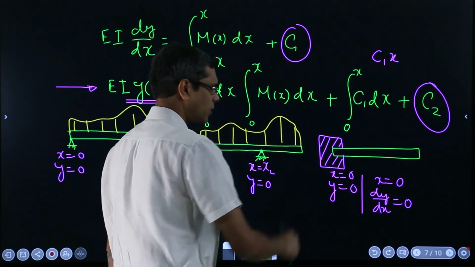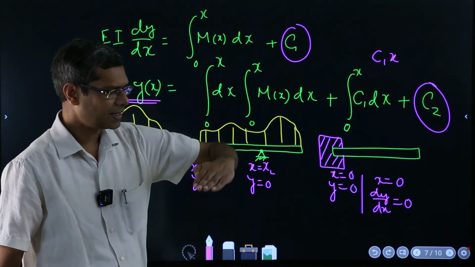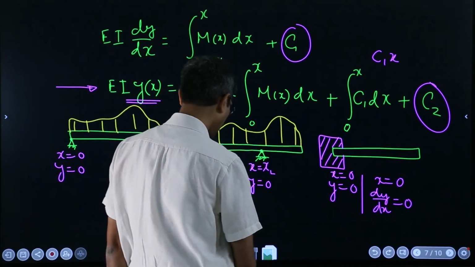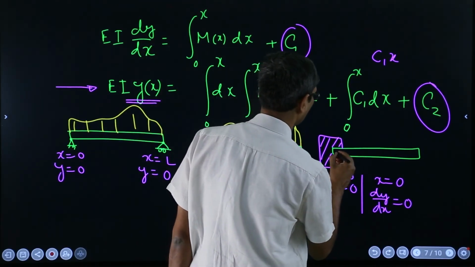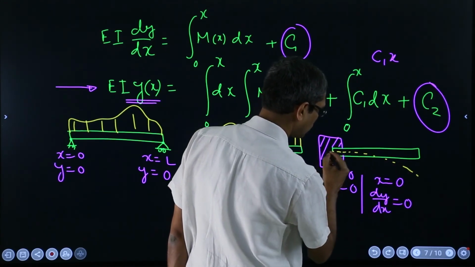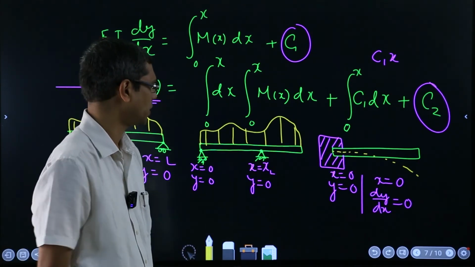That means at this location the bend will happen in such a way that the slope has to be 0 at that location. It can just bend like this, but if you see the slope here, it has to be 0. There it cannot have any slope.